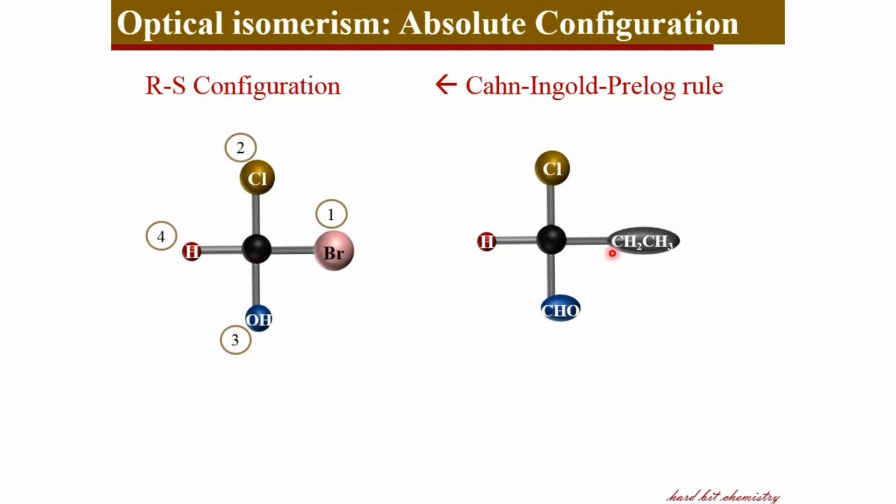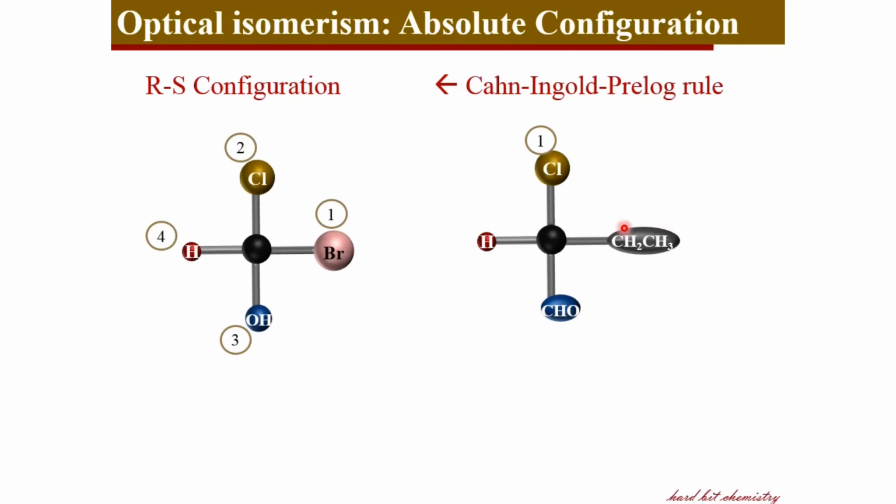And if you've got two substituents with the same atom directly attached to the central carbon atom, like here, chlorine gets the first priority, and if you look for the second priority, you can see that these two groups possess carbon which is directly attached to the chiral carbon. In that case, you need to look for the next atom which is attached to those two carbons.